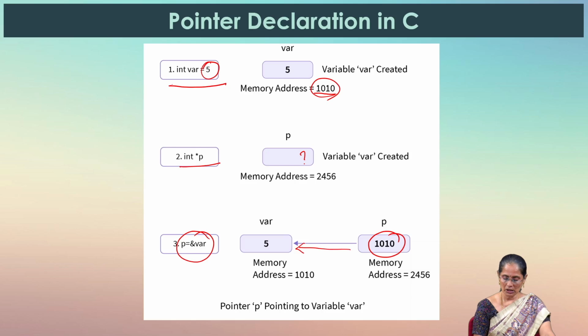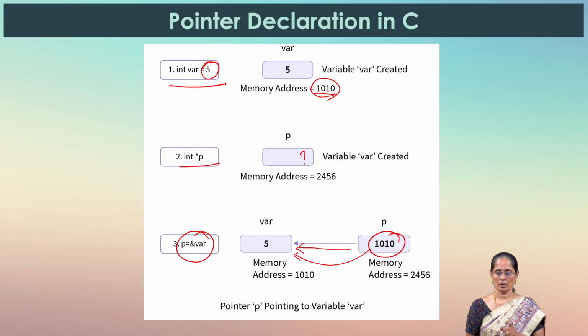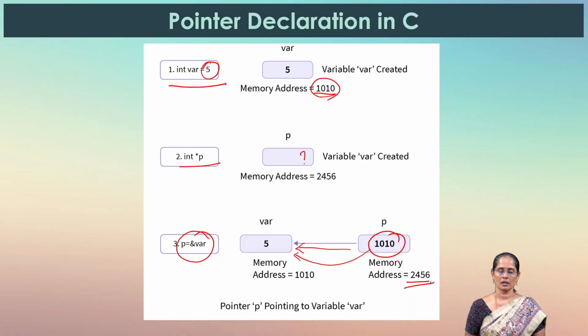Using this location 1010, we can make the pointer point to the corresponding location, where the value of the variable is stored. However, the address of the pointer variable will be a different address. We are creating the pointer variable whose address is 2456, right. So, the syntax of creating the pointer variable is data type, asterisk, pointer variable name, right.